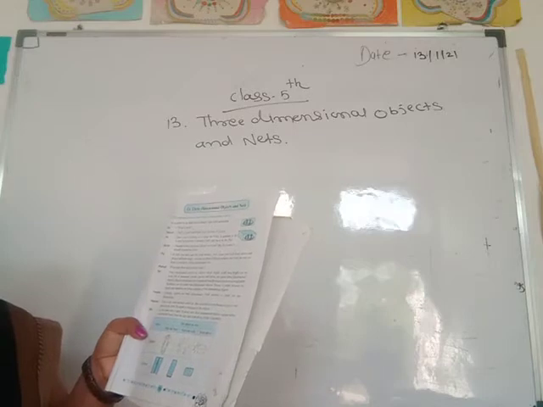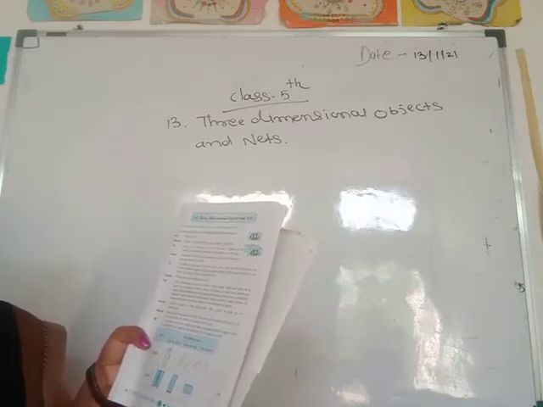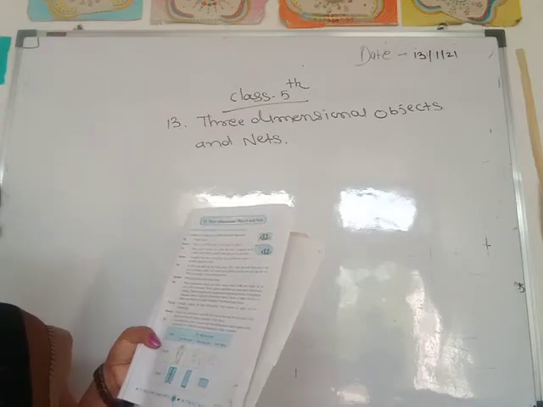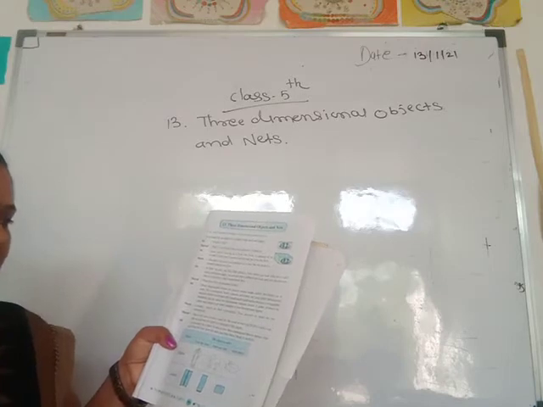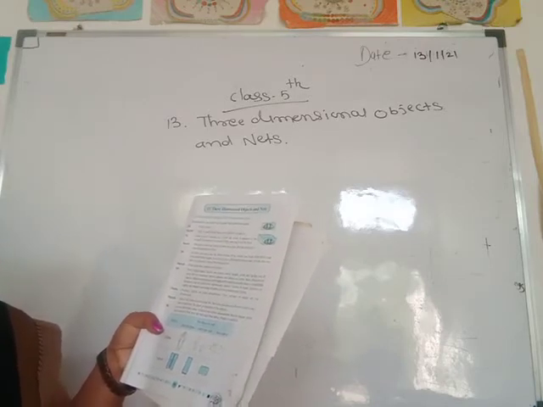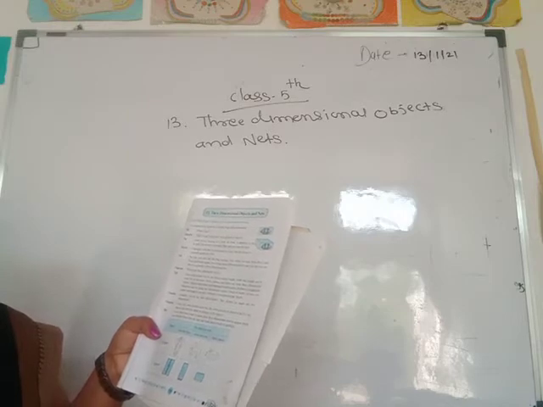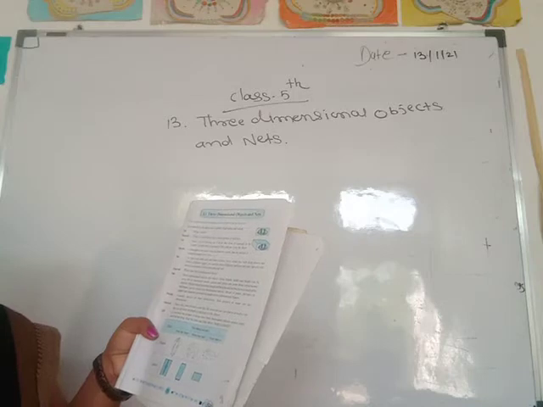Actually objects are three-dimensional, and their pictures on paper are two-dimensional. That is why some pictures are flat, while some pictures are drawn in such a way that we can see the depth or thickness of these objects.